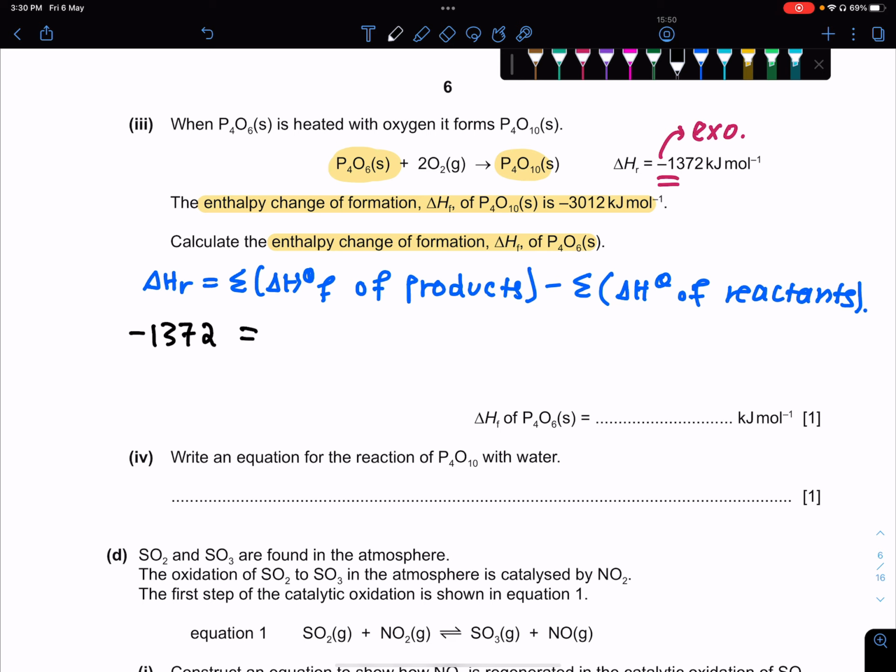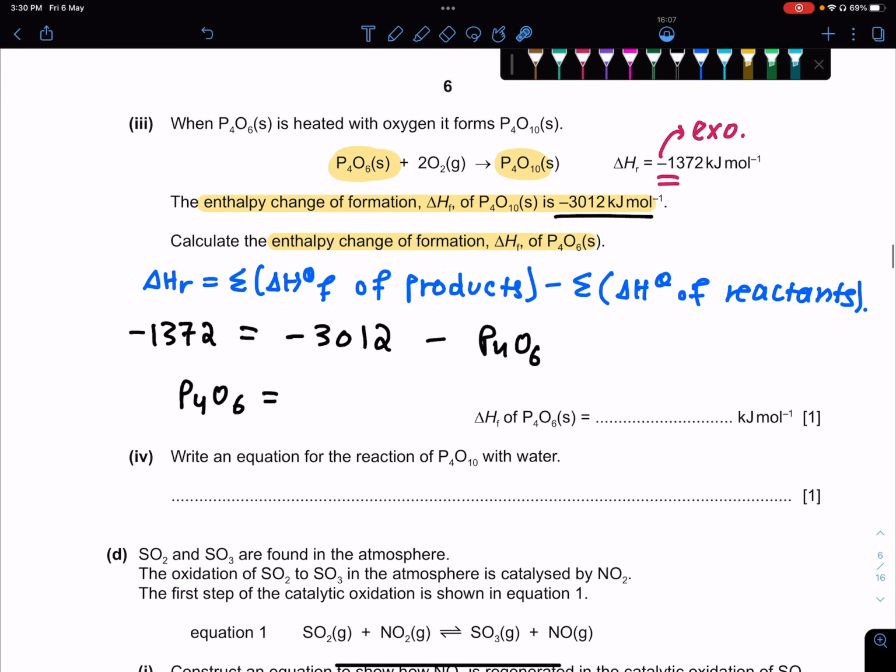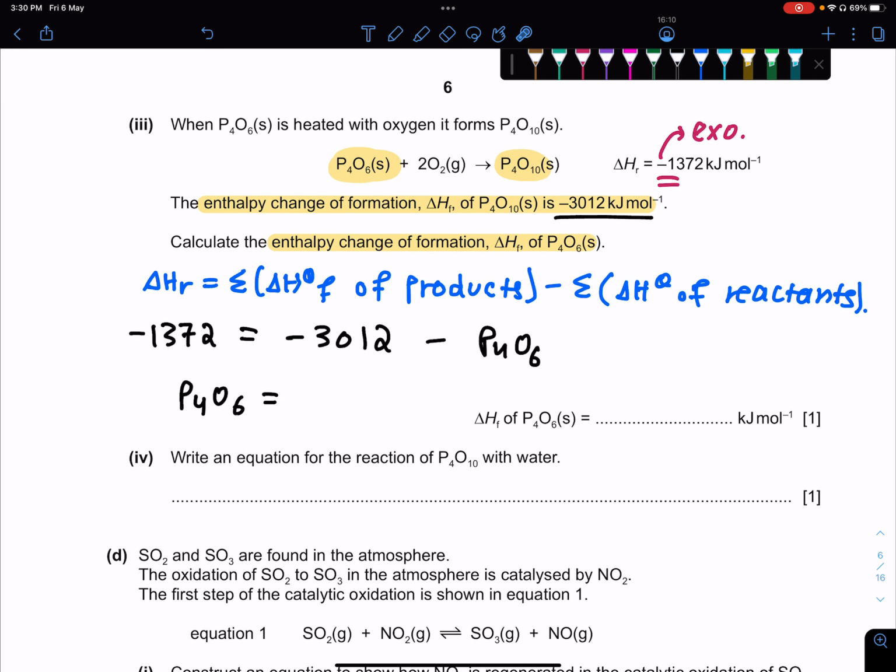The product formation P4O10 is given, which is minus 3012, and minus this P4O6, which we have to find. So this will go there to make positive. So minus 3012 plus 1372, we get an answer of minus 1640 kilojoule per mole. You got to write the minus sign, or you get no marks. This is a good formula.